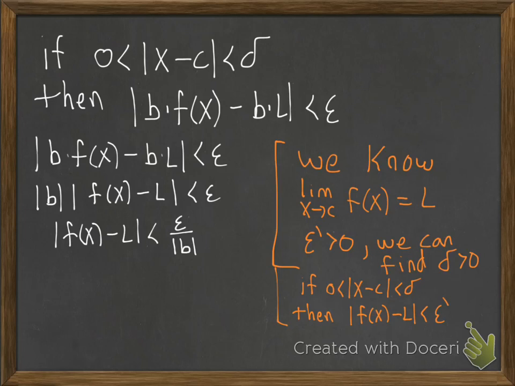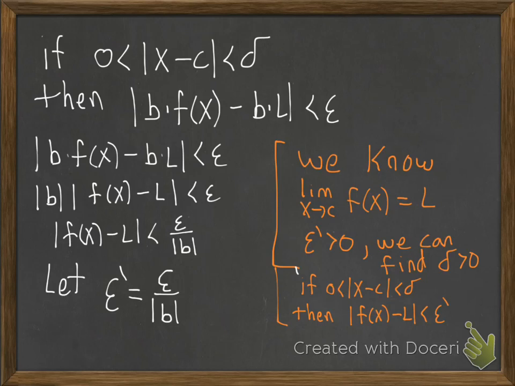Now, how does that help us here? Well, we now have absolute value of f of x minus L being less than something. And so, by letting epsilon prime be equal to our epsilon over the absolute value of b, for that size, we can find a delta such that if the absolute value of x minus c is less than delta, then f of x minus L would be less than that epsilon prime.